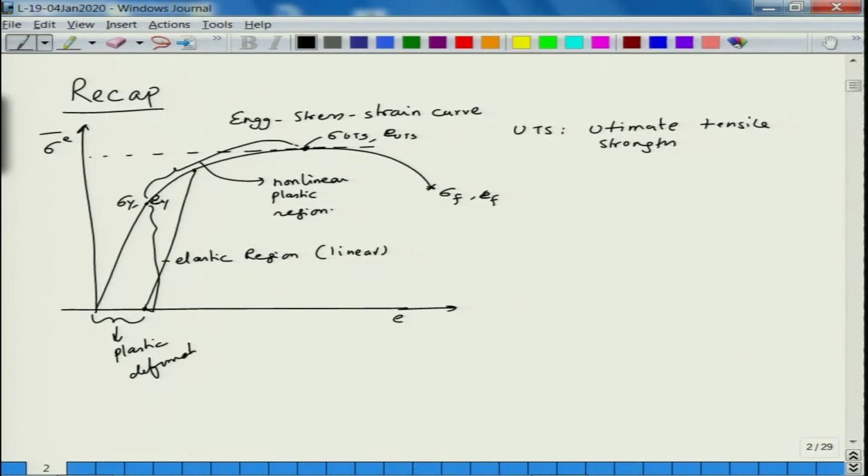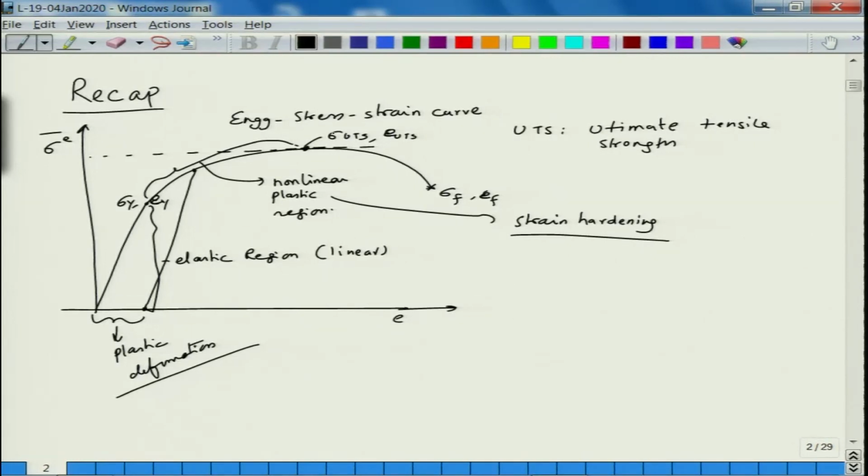The strain caused by plastic deformation is permanent in nature, it cannot be recovered, and this region is essentially a nonlinear region where strain hardening occurs. And then there comes a point at which the load is maximum.